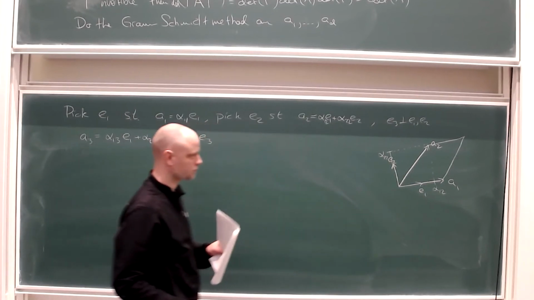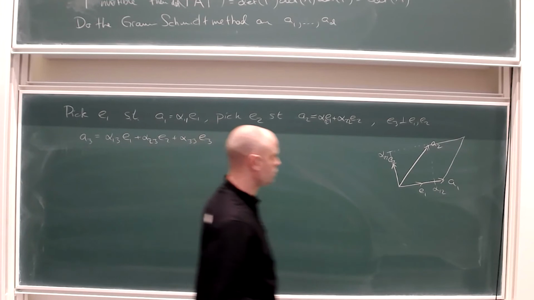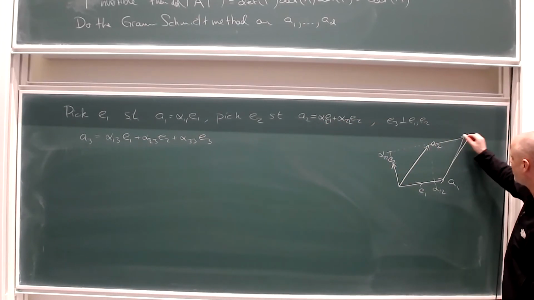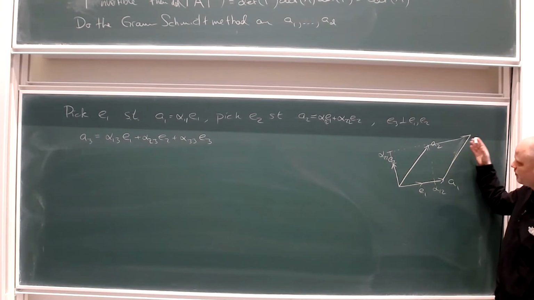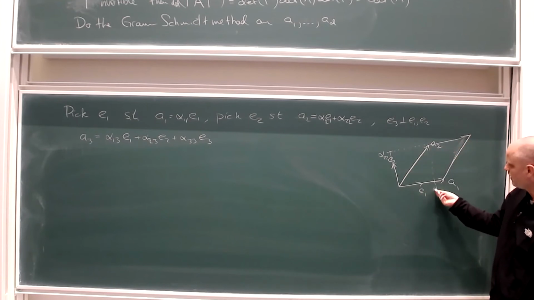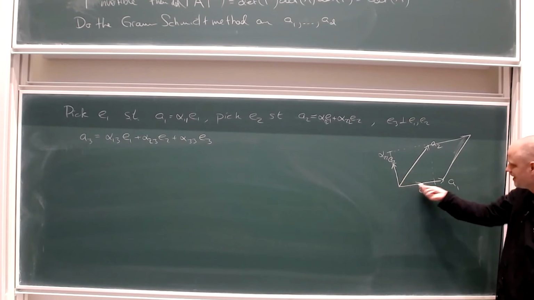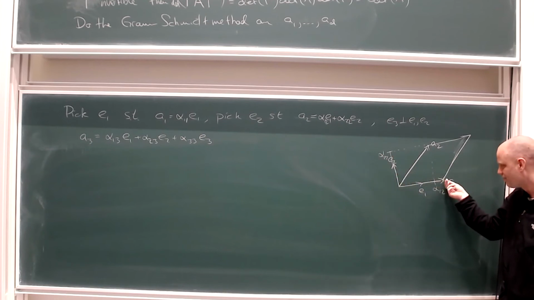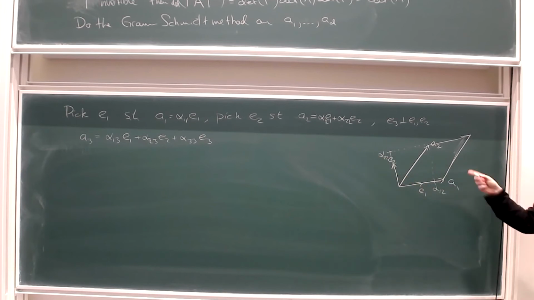Yeah? So what's the volume now? Well, the volume, or in this case, two-dimensional case, the area is going to be the height times the base. So it's alpha 1,1 times alpha 2,2, right?